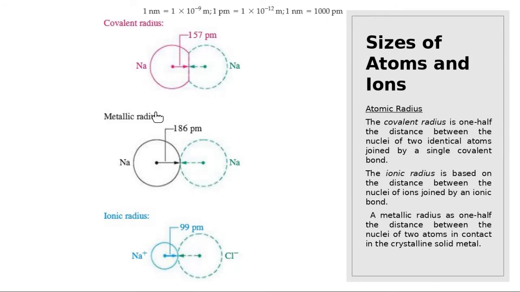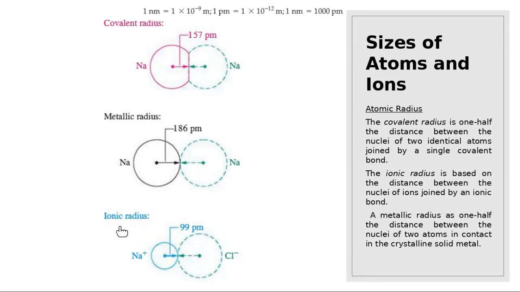If sodium metal loses its electrons, that will be sodium positive, and its radius will be smallest. Okay, because think about that, the electron is the weight. If you lose your electrons, you lose your weight, and you will become smallest. Okay, you will become thin. I think that's clear.